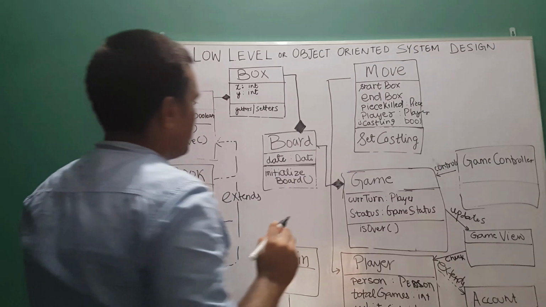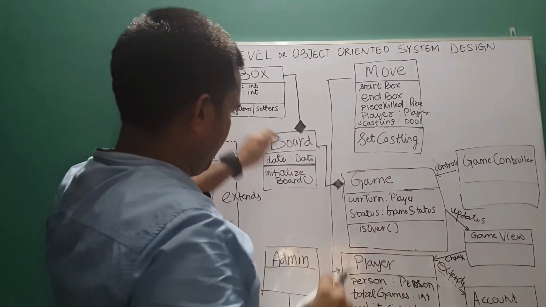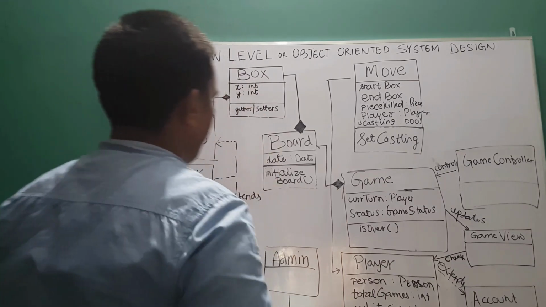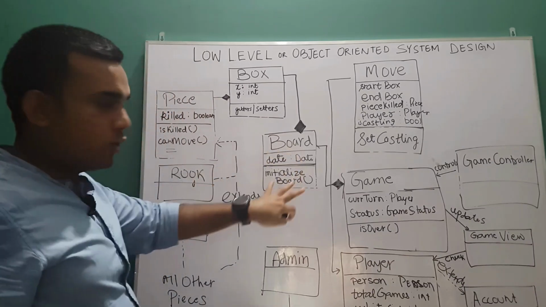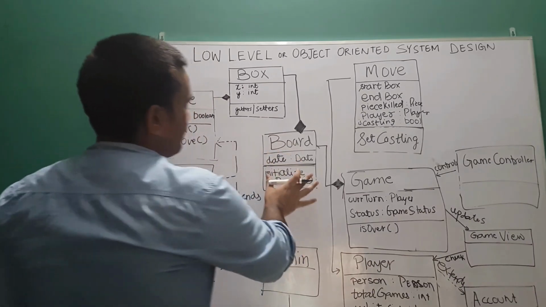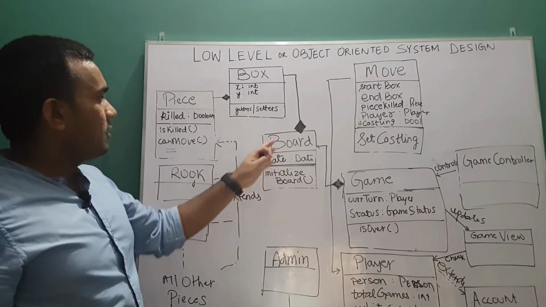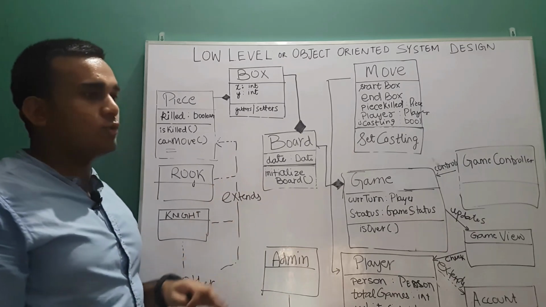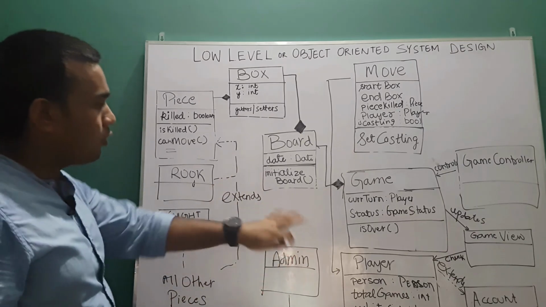Or you can also say that the board cannot be completed without the box. Now the board will have an initialize board method: when the player restarts the game, it will initialize the board according to the rules of how the pieces are initially placed.